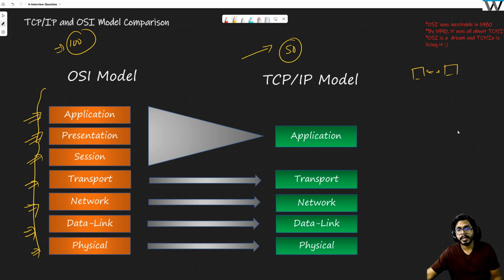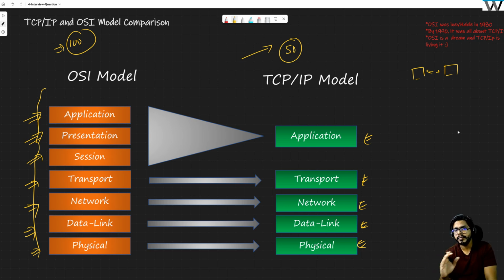But because these were different people, they broke this problem into 5 layers instead of 7. So we have the application layer, transport layer, network layer, data link layer, and the physical layer. Although when this model was created there were only 4 layers, nowadays we see everywhere that there are 5 layers in the TCP/IP model, and we are learning the latest things. So that's why I have shown you the 5 layers here.